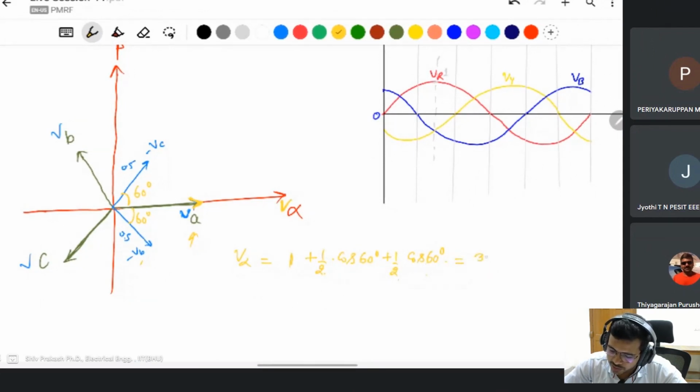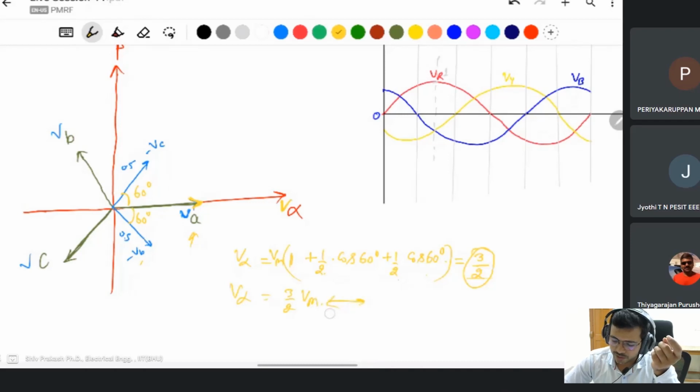If we take this one, this will be 3 by 2. This is the radius, 3 by 2. If you take one quantity as Vm, multiply Vm. Also, you know V alpha I already calculated as 3 by 2 Vm into some angle, rotating. The maximum is 3 by 2 Vm.